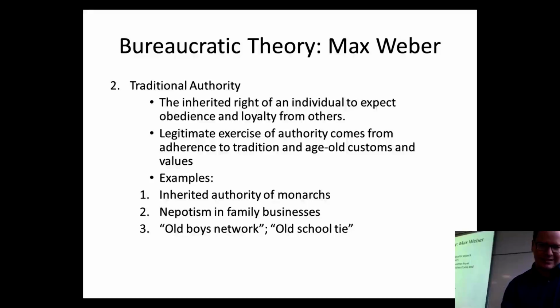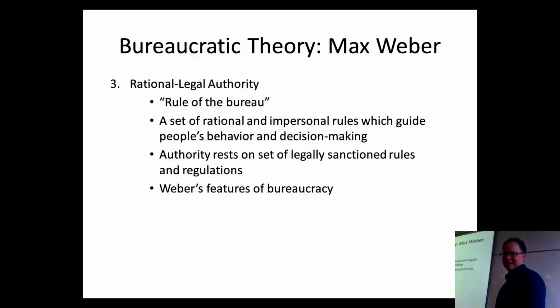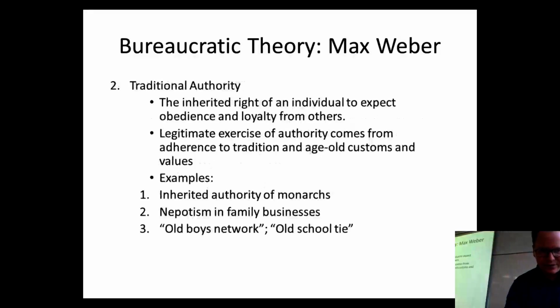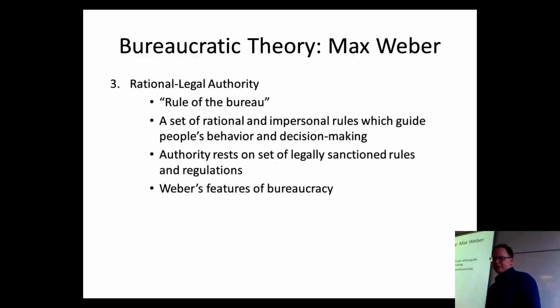So anyway, the point is, it was rebellion, and another one was actually, we are here already with the main theorem. So Max Weber then realized that there is a rational legal authority, which is different from the traditional authority, which is the rule of the bureau.